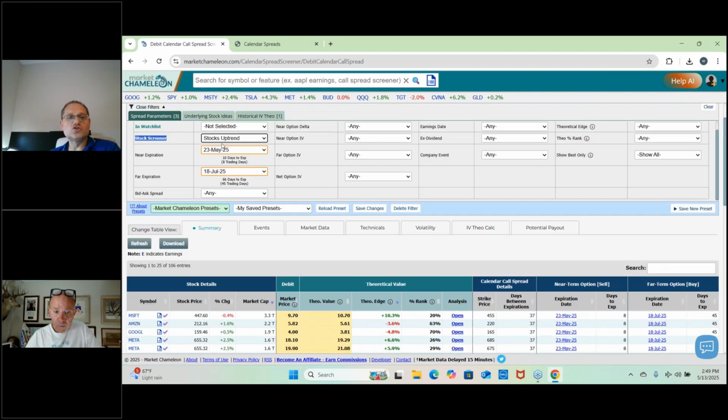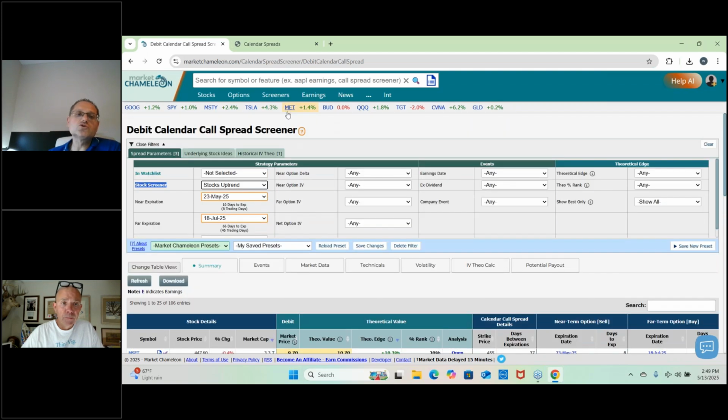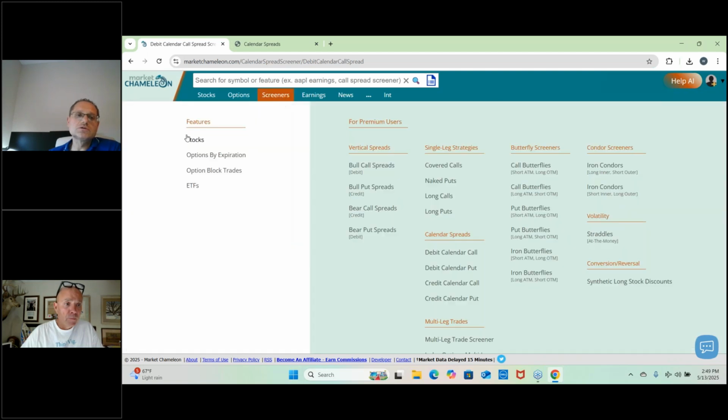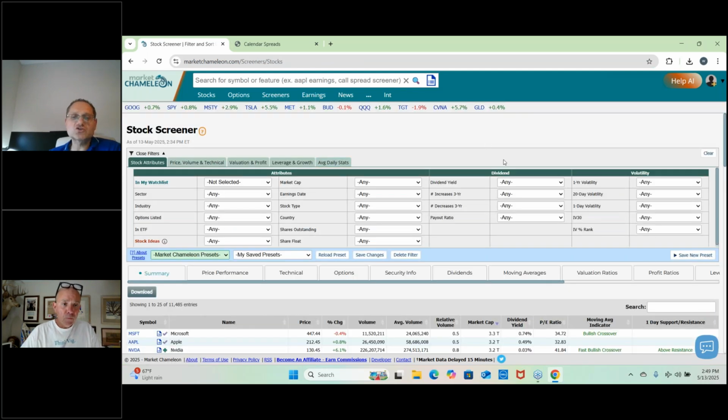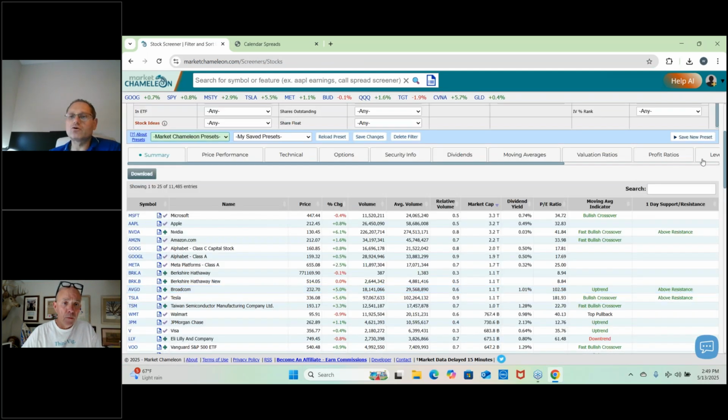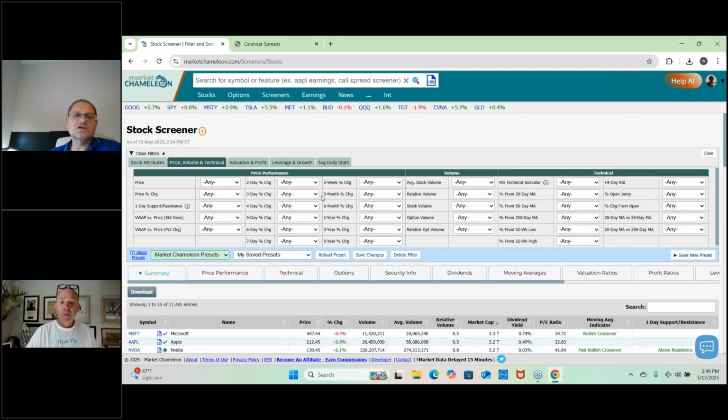So this is using a screener within a screener. It's like doubling up on your screeners. You can do that by going to screeners, stocks. Here, I'll show you really quick. I'm in the stock screener, so now I have all these other filters.